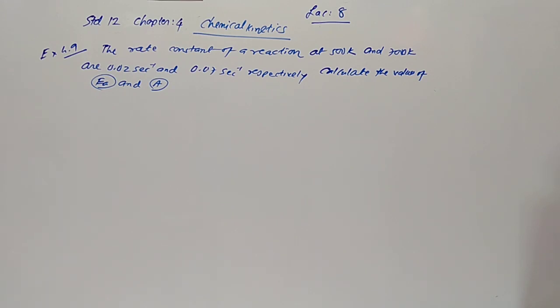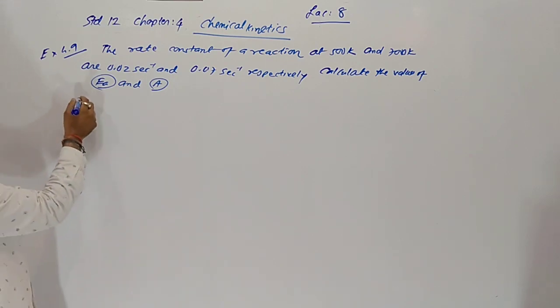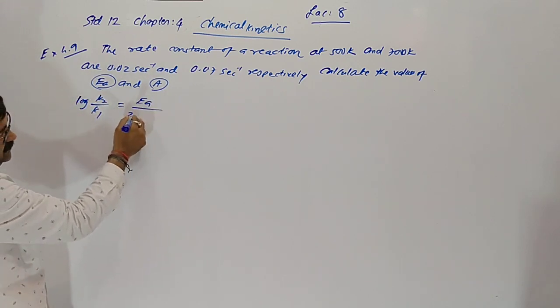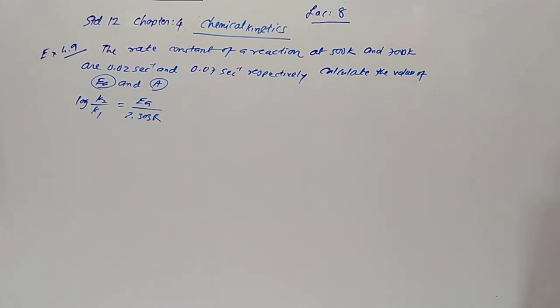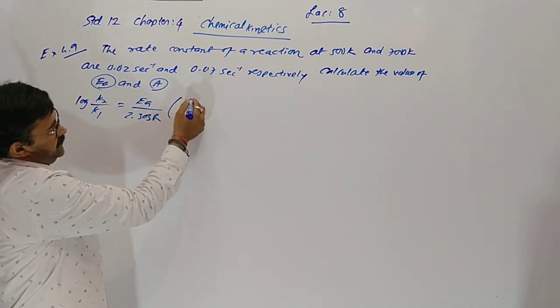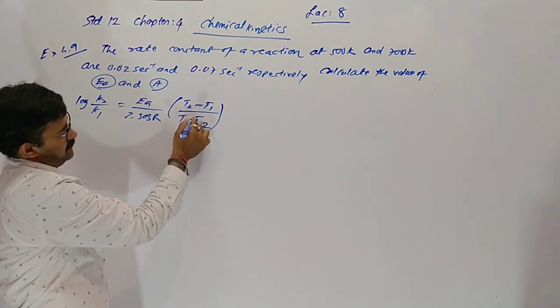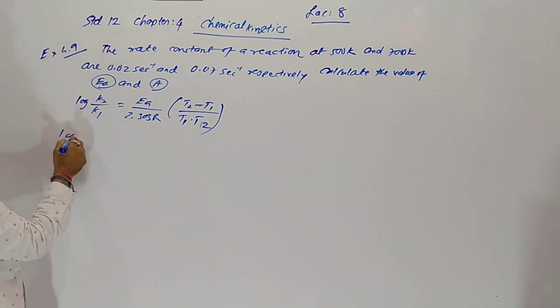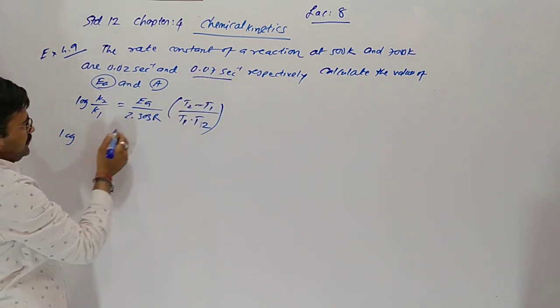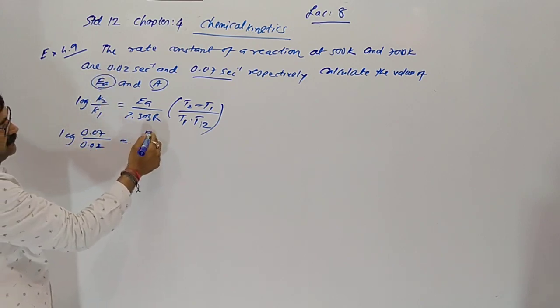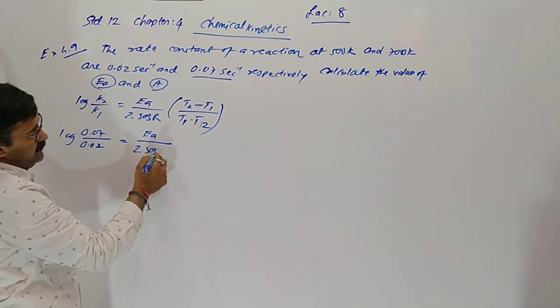Yes, T1, T2 and K1, K2 are given. So we can easily define log K2 upon K1 is equal to 2.303 upon R, and T2 minus T1 upon T1 into T2. Here K2 is 0.07, K1 0.02, Ea we have to define.